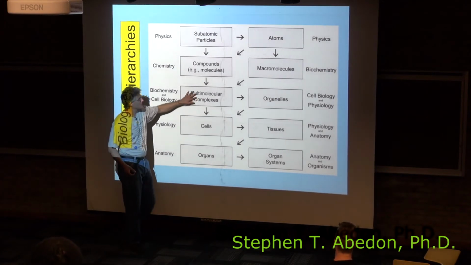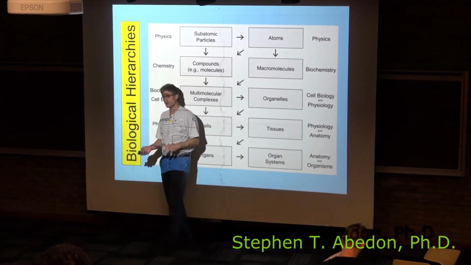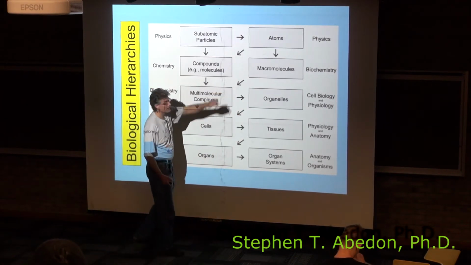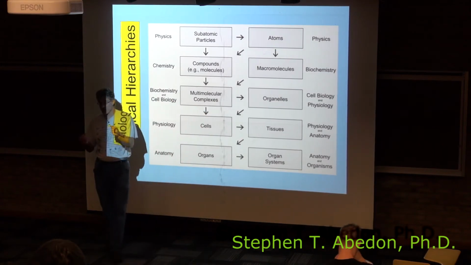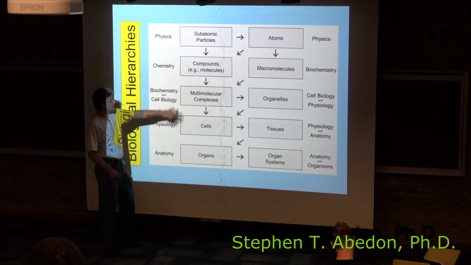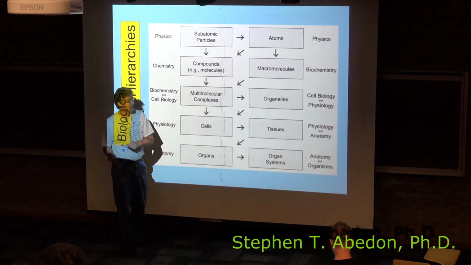So this is multi-molecular complexes, taking these macromolecules, which will be covered, I believe, in Chapter 3, and then combining these many molecules, small molecules and big, into these multi-molecular machines or multi-molecular complexes. That's the purview of cell biology.